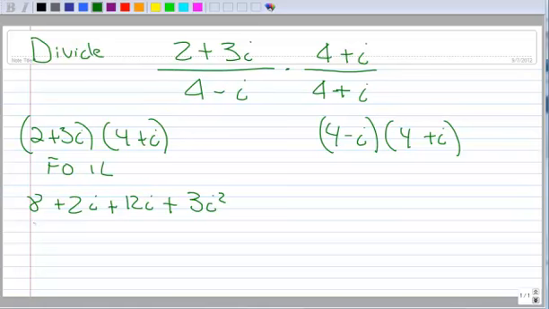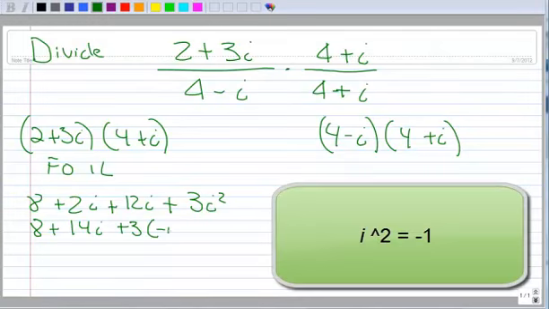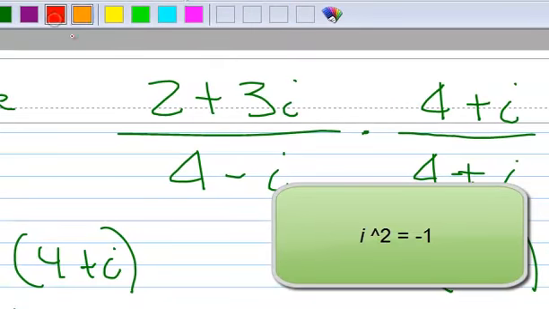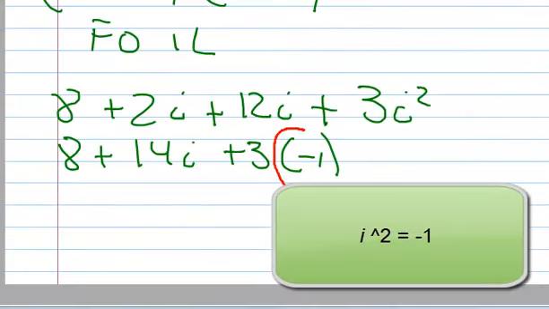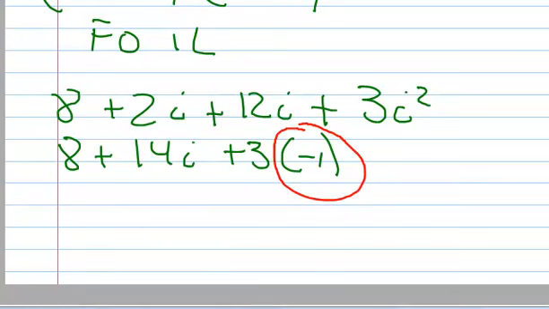Let's combine some like terms. So I have 8, 2i plus 12i, well that's 14i, and then by definition, remember, i squared is negative 1. So I'm substituting that in there.